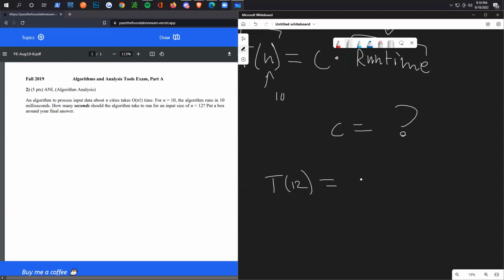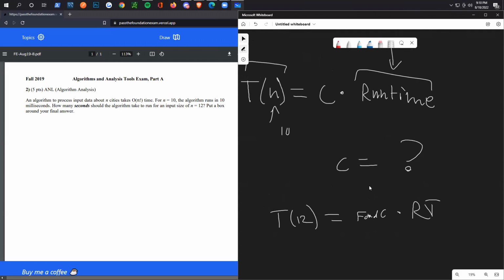Then you have your found C, and you have the runtime again. This kind of looks bad, but the whole idea is you solve for C, then use the C you found to find the amount of time it'll take for the same runtime function, but with a different value. So that's really the whole idea.